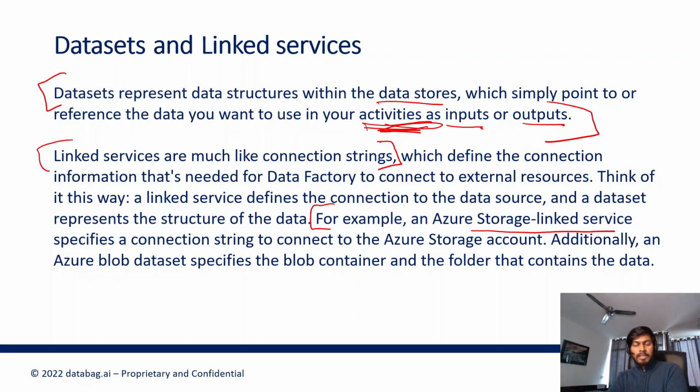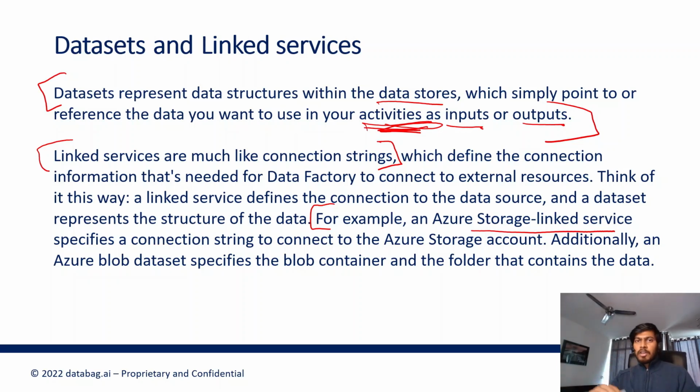The access token keys. Those are all called linked services. You can also configure using RBAC, role-based access control, using Azure Active Directory. Let's not get there, but what I'm trying to say here is, to connect to Azure Data Lake, you need to provide some information: the Data Lake name and authentication. You've created a linked service.